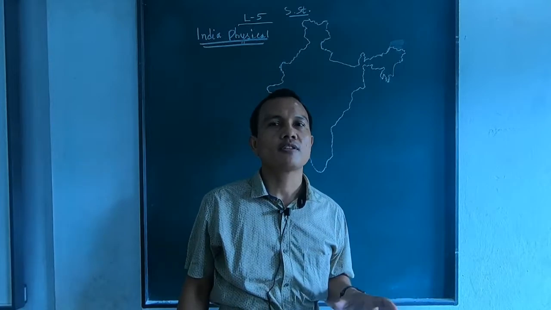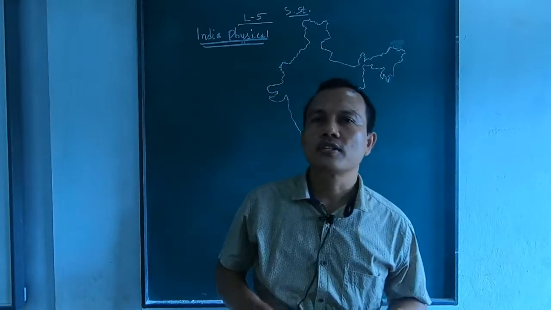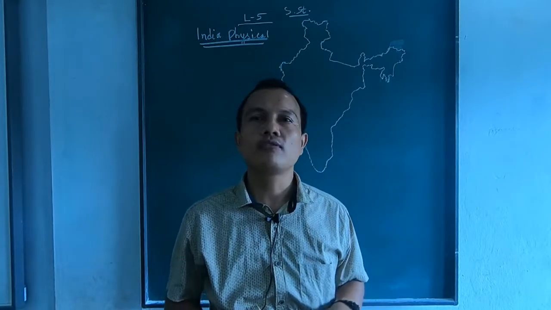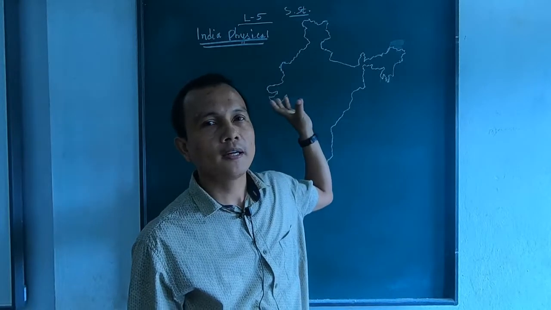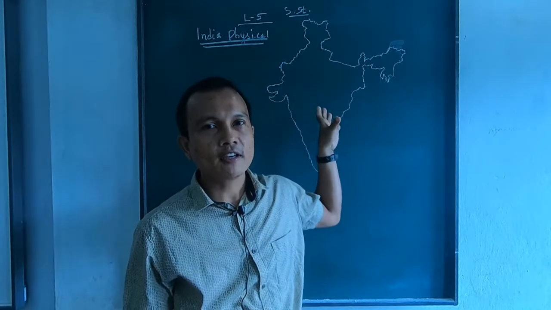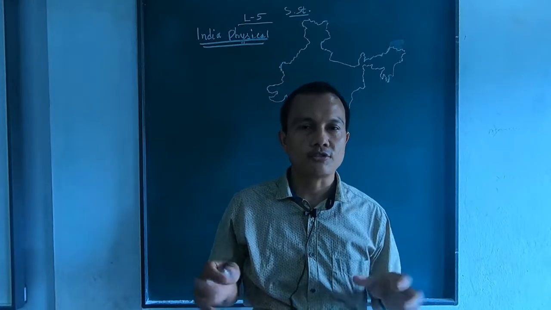So these are the main features that we see in a country like India, which is a very vast and a very beautiful country. So we will be studying about the physical features or the physical part of our country.